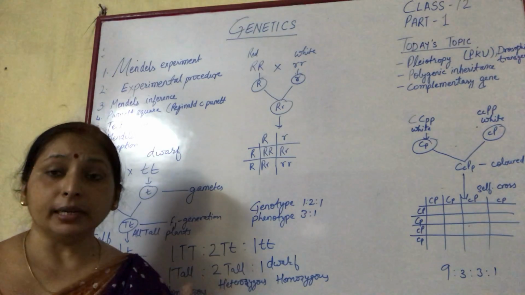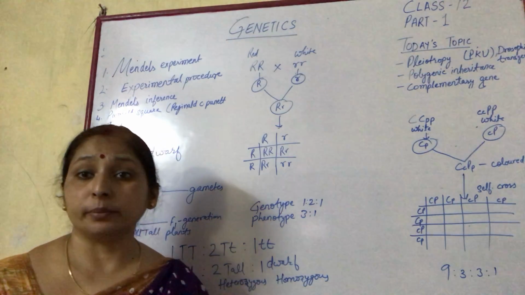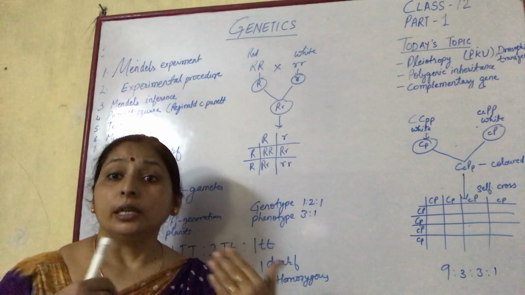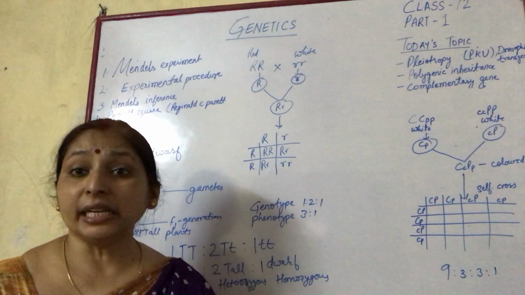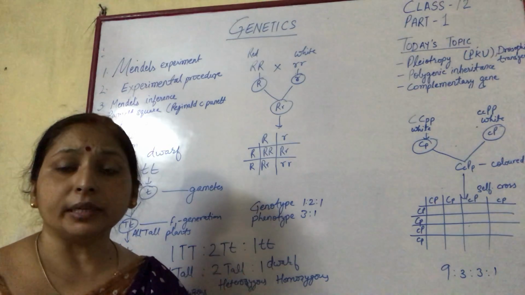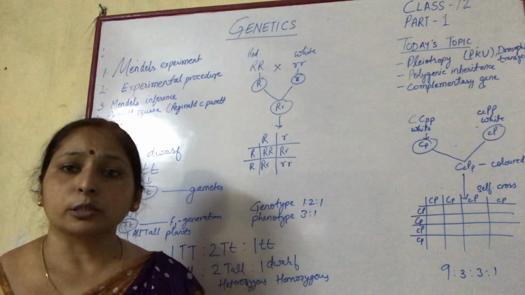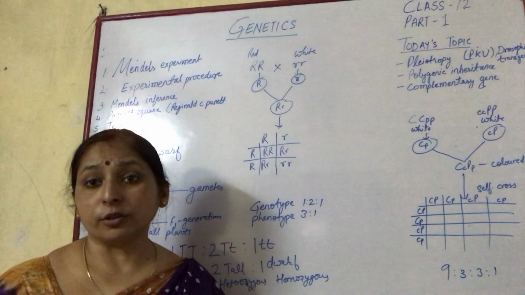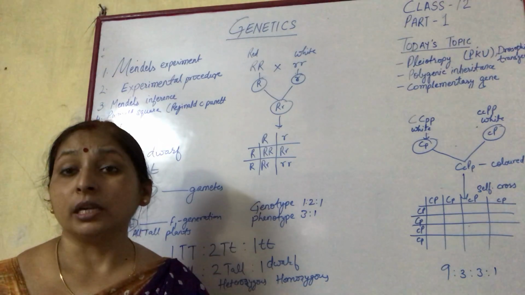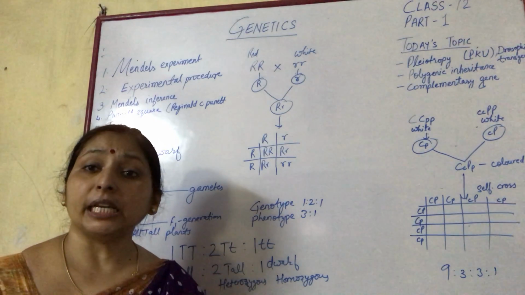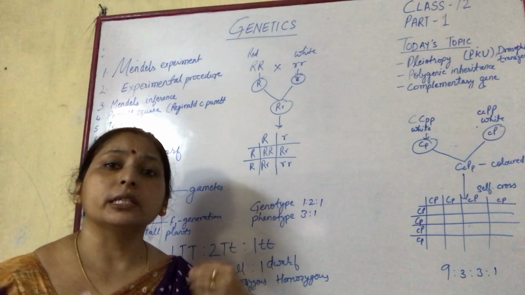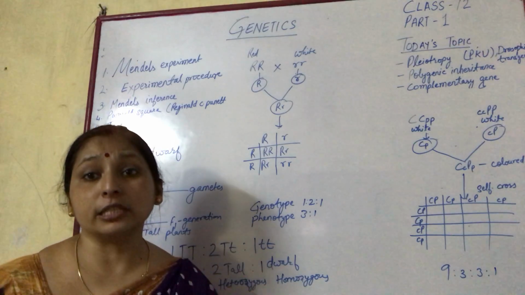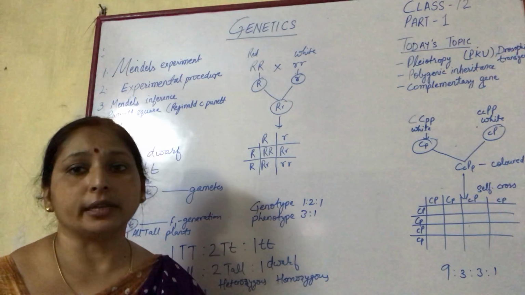Then independent assortment. Independent assortment means they are segregated, they are separated, and they show their characters independent of each other, like capital T for dominance and small t for recessive in the second generation. The heterozygous condition again gives the dominant character, but the genes remain separate, and each is able to express its original character, tallness or dwarfness, in the homozygous condition.